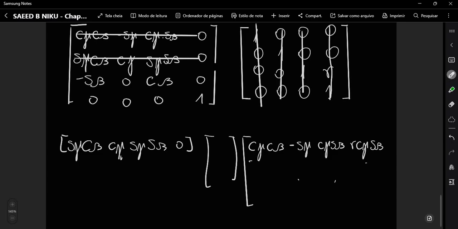The second line, the first column, is sine of gamma, cosine of beta. Now the second column is cosine of gamma. The third column is sine of gamma, sine of beta.